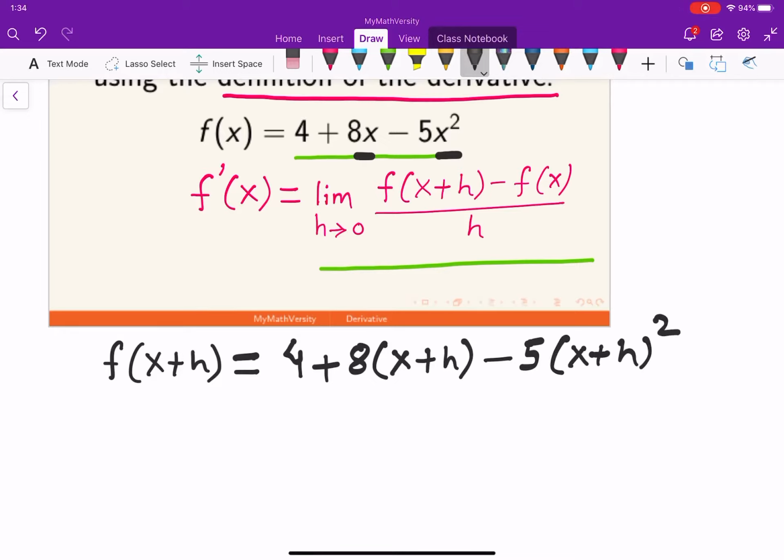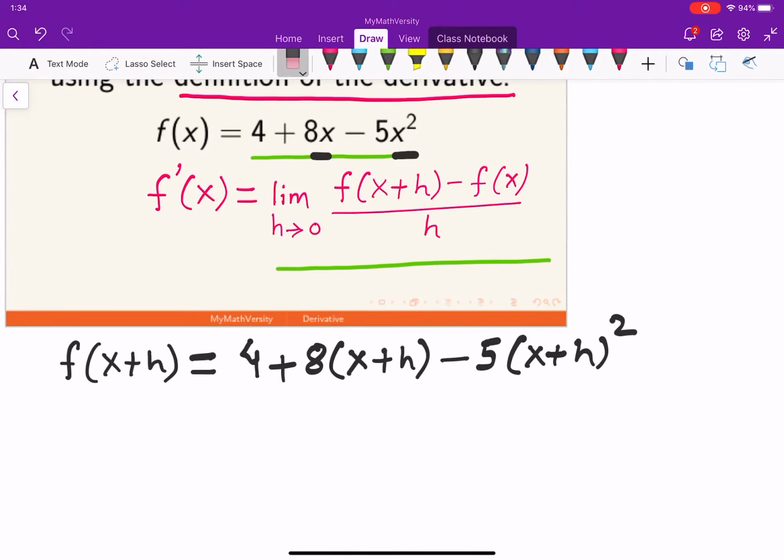This is how we find the function at x plus h, right? But since we need to subtract f of x from the given function here in the difference quotient, I actually want to expand this expression. So let's see how we can do that.